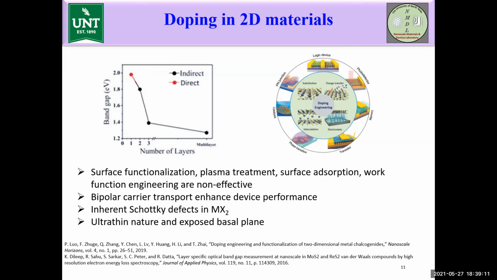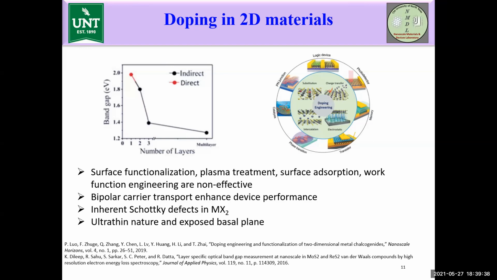Some of the doping techniques which have been employed recently, and which have diminished the cons of the other doping techniques mentioned, are substitution doping, doping by charge transfer mechanism, intercalation, and electrostatic doping to induce charge carriers.